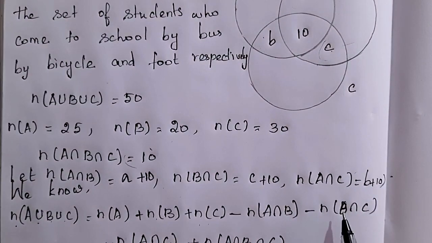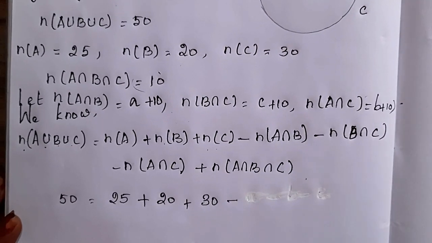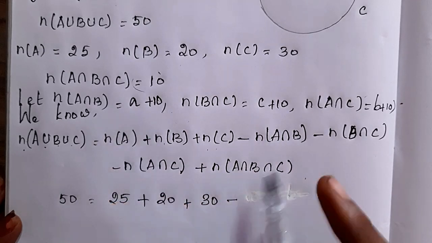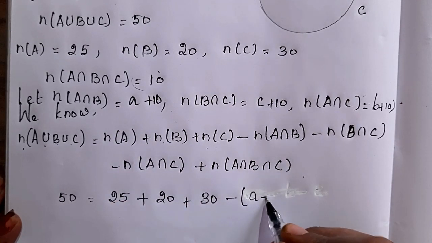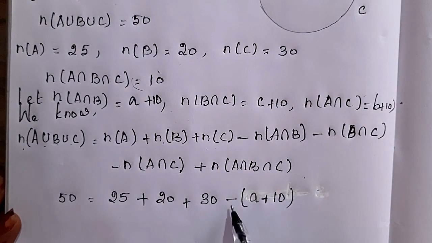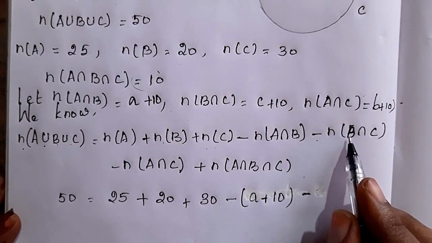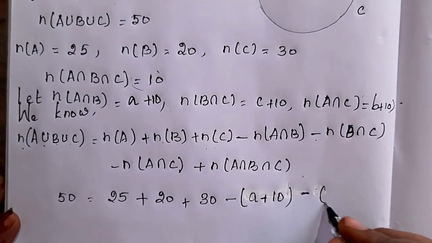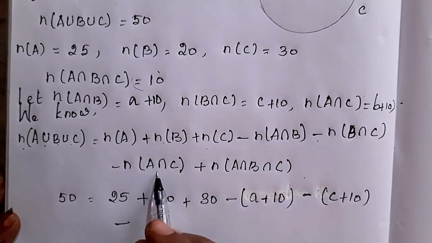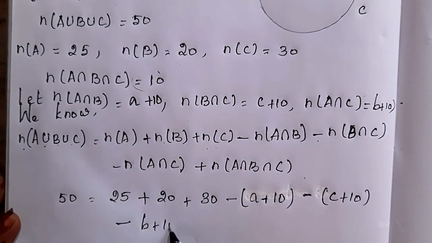Okay. So now we can apply the values here. N of A intersection B is A plus 10. So put this in brackets because this minus is common for both terms. Again minus B intersection C is C plus 10. Again minus A intersection C is B plus 10.